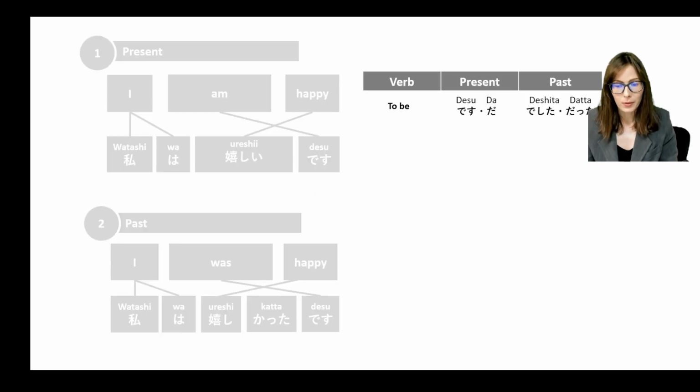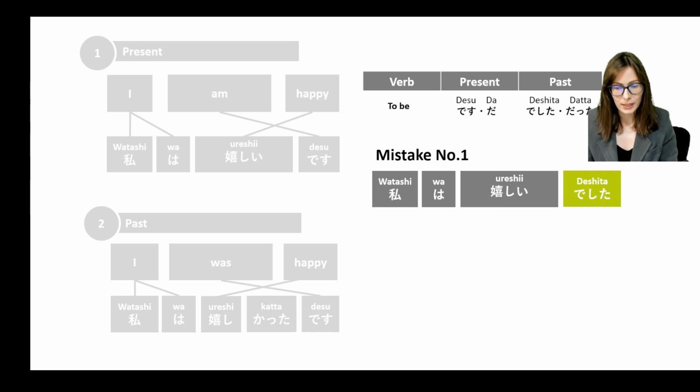Now let's discuss some common mistakes that beginners tend to make. Mistake number 1 would be to say 私は嬉しいでした. I can see how this can happen. You're probably trying to say "was," right? In the end, this is how English works, right? And other European languages too, right? "Am" becomes "was."